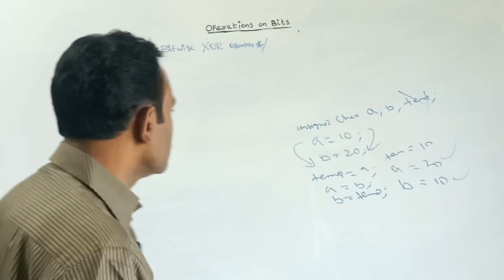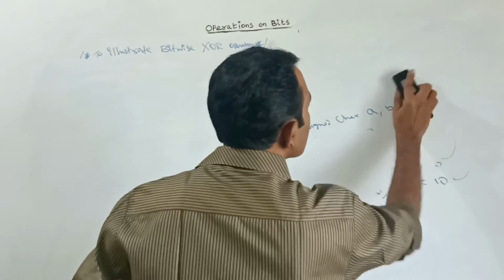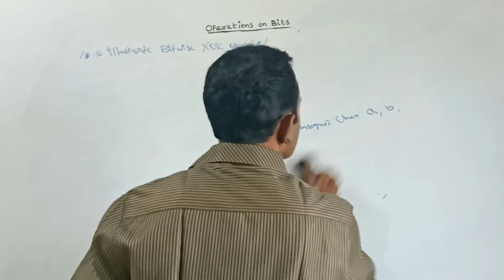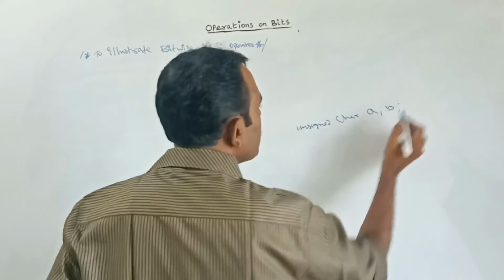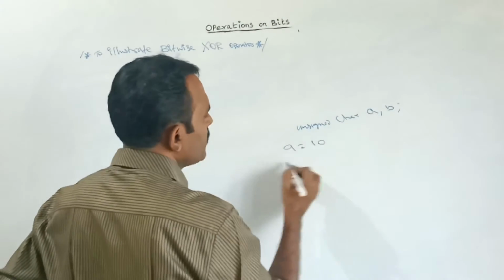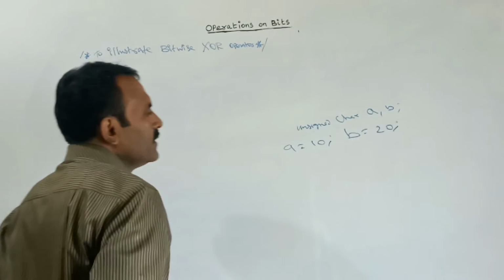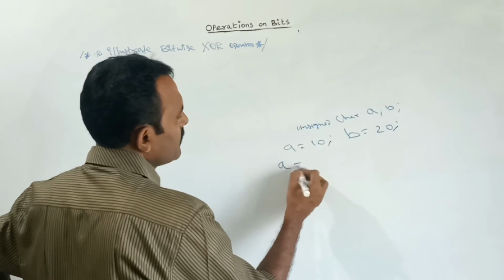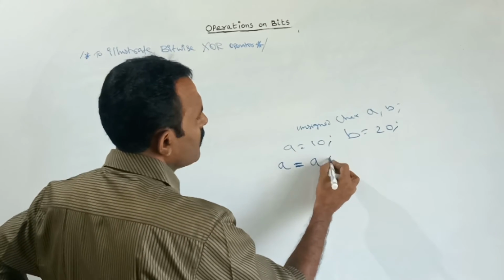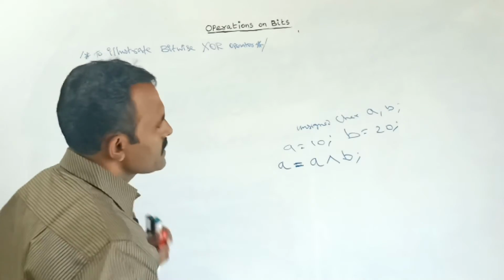Now let us see the logic. See here, A is equal to 10, next B is equal to 20. This is the logic.